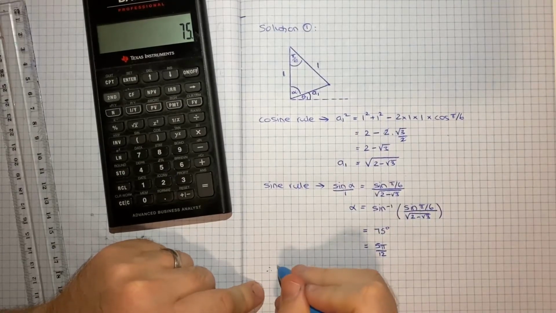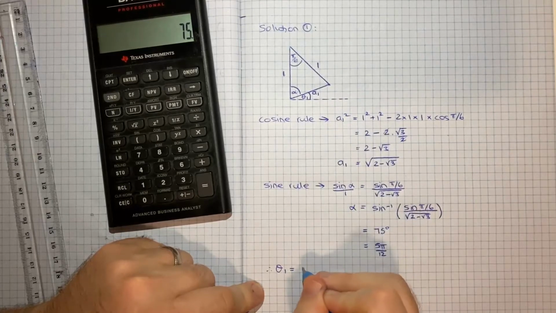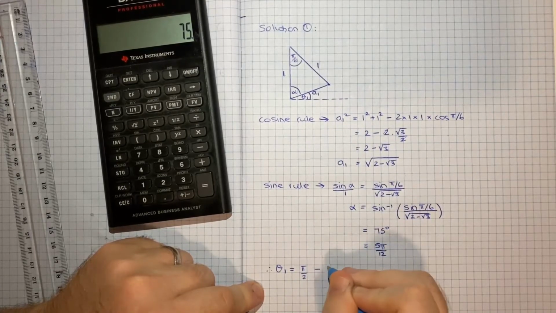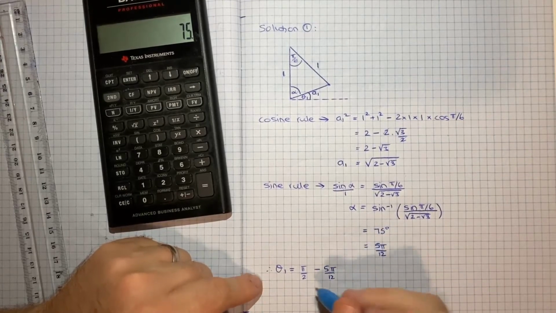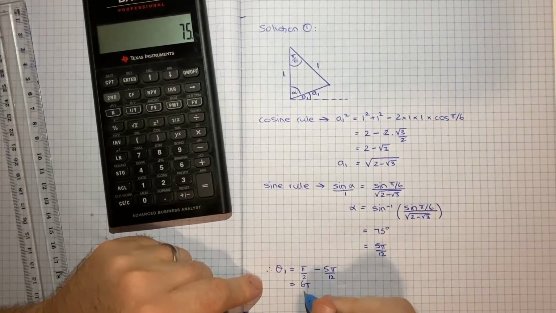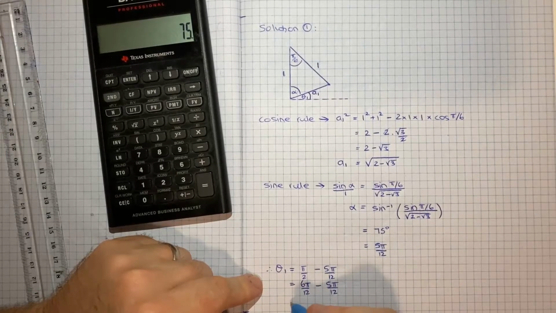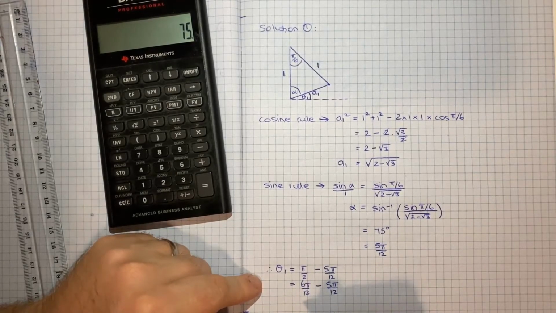So we can say theta 1 is equal to this whole 90 degrees, so pi on 2, minus our alpha, 5 pi on 12. So that's going to be equal to 6 pi on 12 minus 5 pi on 12. 6 minus 5 is 1. So this is going to be just pi on 12.